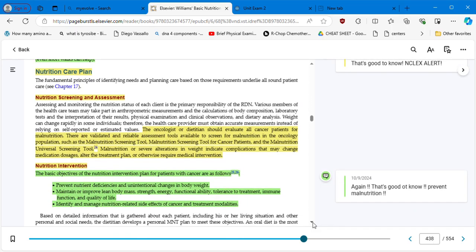Nutrition care plan, we are going to make an assessment. The oncologist or dietitian should evaluate all cancer patients for malnutrition, and there are validated and reliable assessment tools, for example the Malnutrition Screening Tool, the Malnutrition Screening Tool for cancer patients, or the Malnutrition Universal Screening Tool.